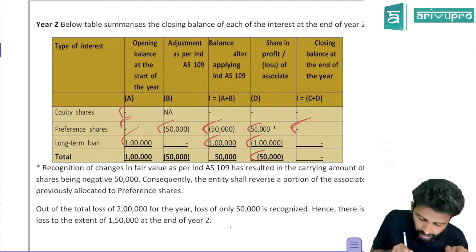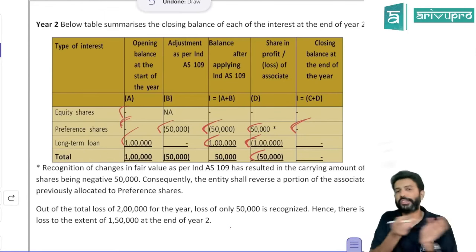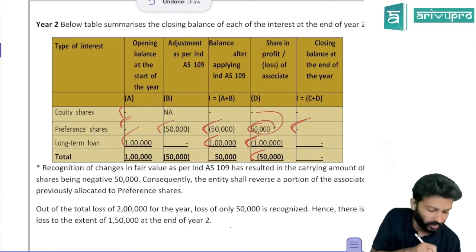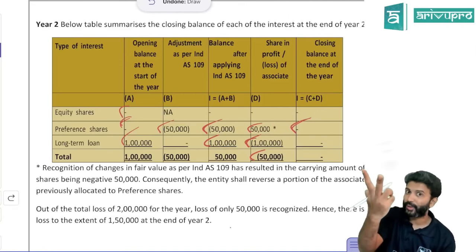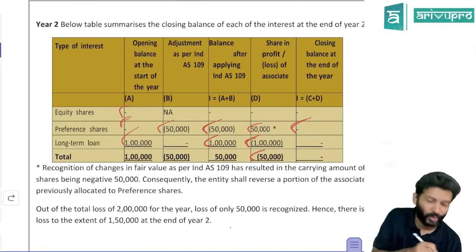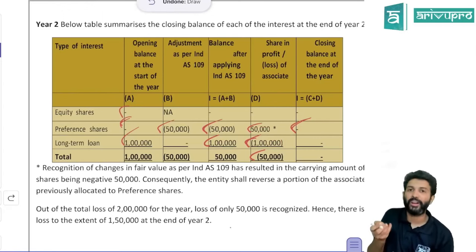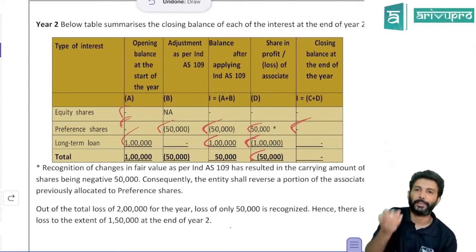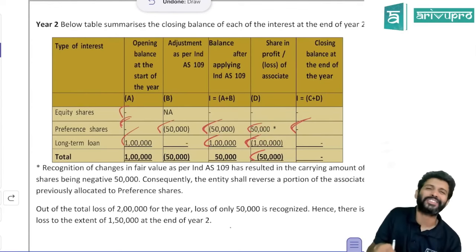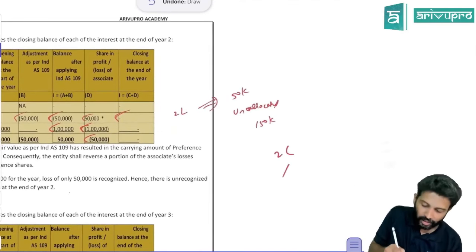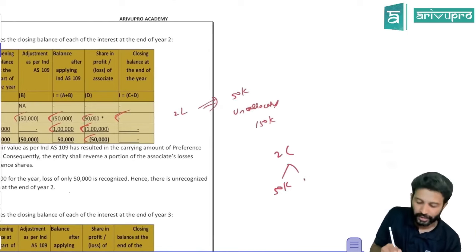But the long-term loan has a balance of only 1 lakh. So you adjusted only 1 lakh, and this 50,000 you reversed also. That means though 2 lakh was the loss, you are able to adjust in the current year only 50,000. Though you allocated 1 lakh loss against the long-term loan, 50,000 you reverse from preference shares. That means effectively you adjusted loss only to the extent of 50,000. So out of 2 lakh you distributed loss only to the extent of 50,000.